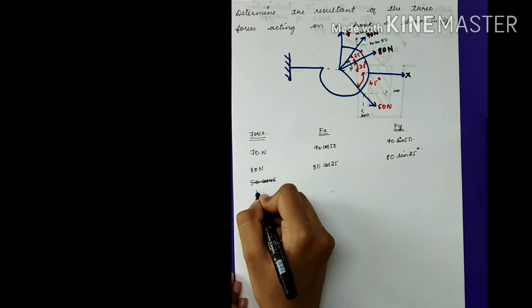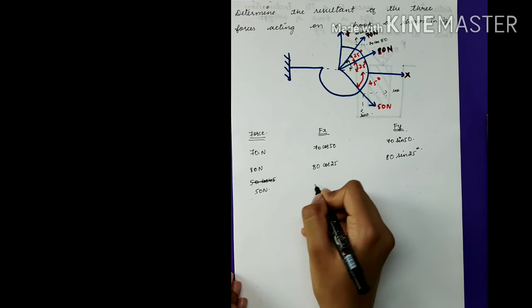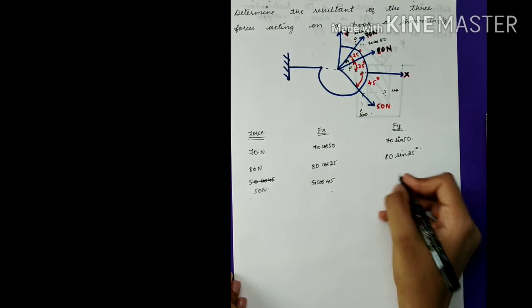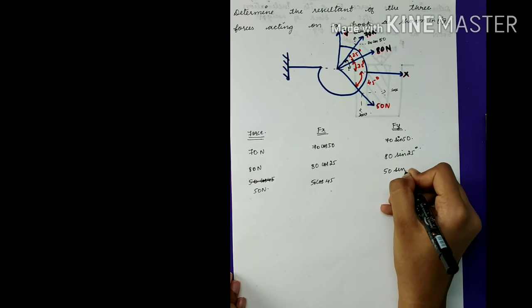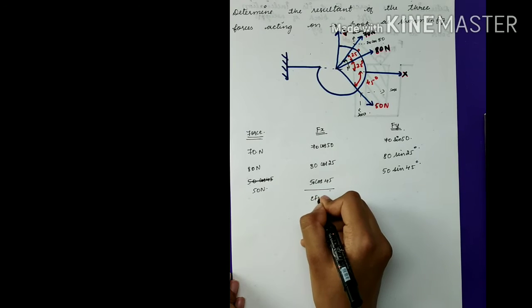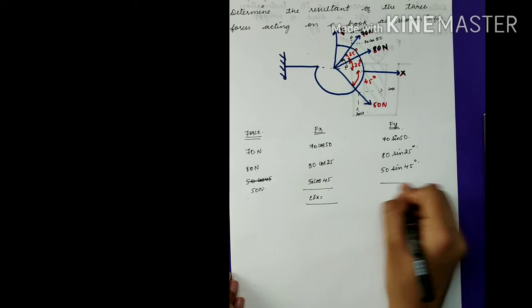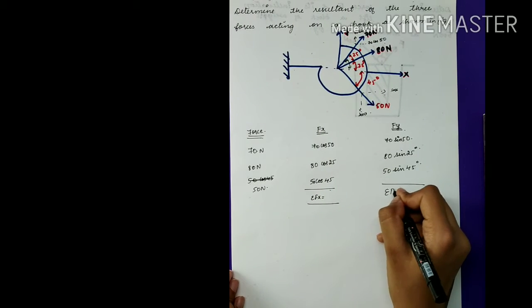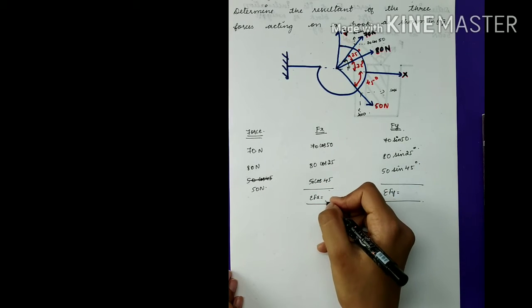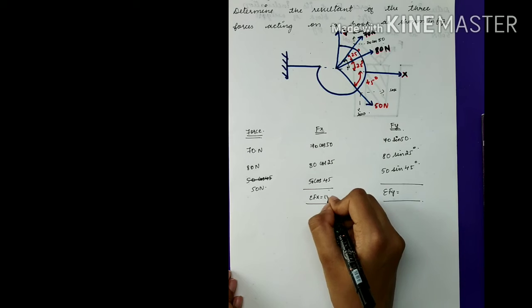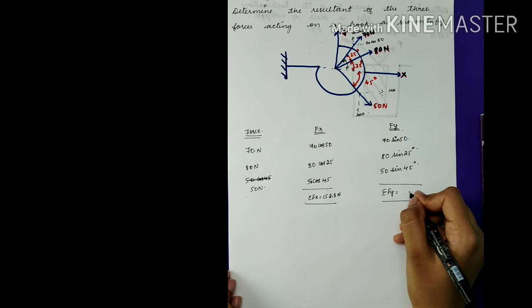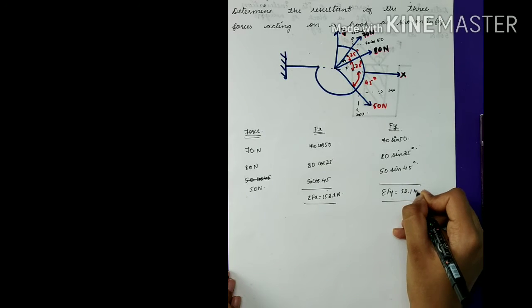Oh sorry, this is your 50 Newton force. Here we have 50 cos 45 and 50 sin 45. So summation Fx and summation Fy: summation Fx will be 152.8 Newton, whereas summation Fy will be 52.1 Newton.